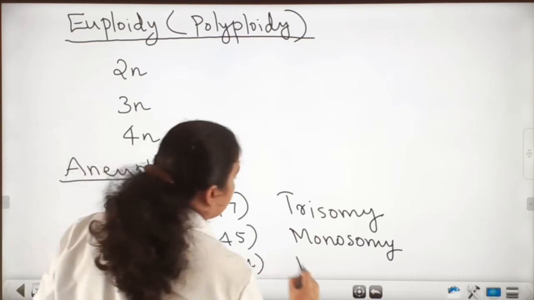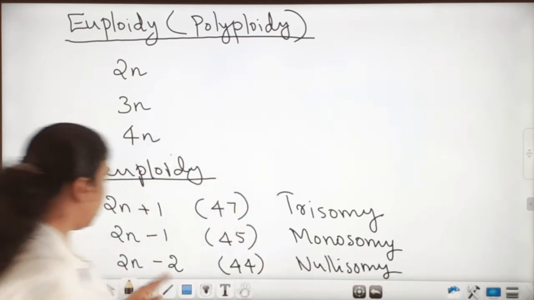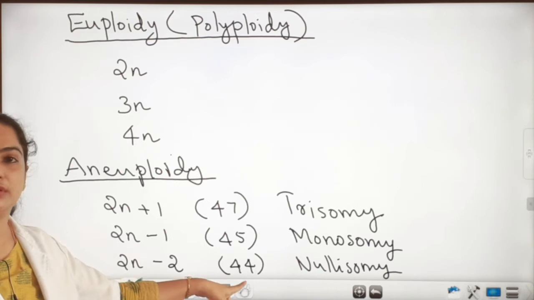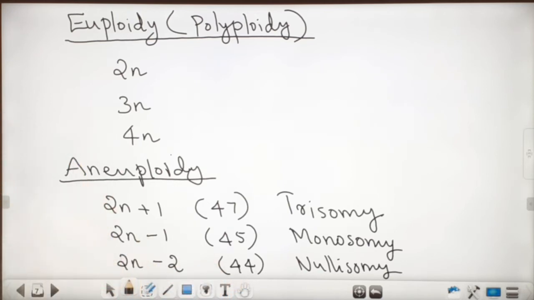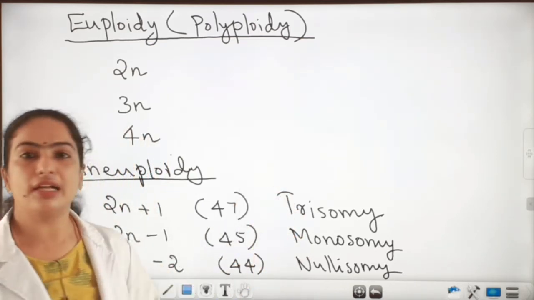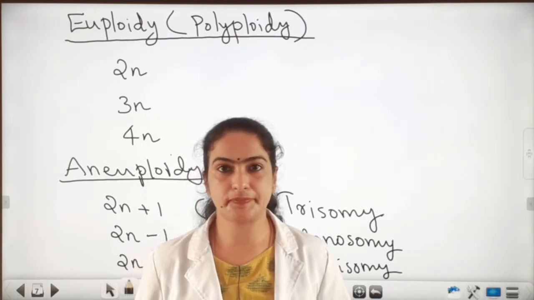That is called nullisomy. Here one pair is deleted, one pair is lost. So aneuploidy is of three types: trisomy, monosomy, and nullisomy. Is it clear about the chromosomal mutation?